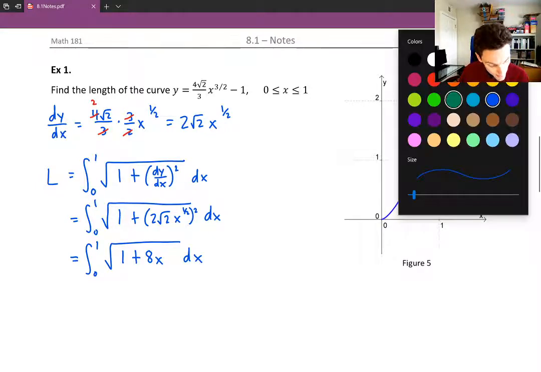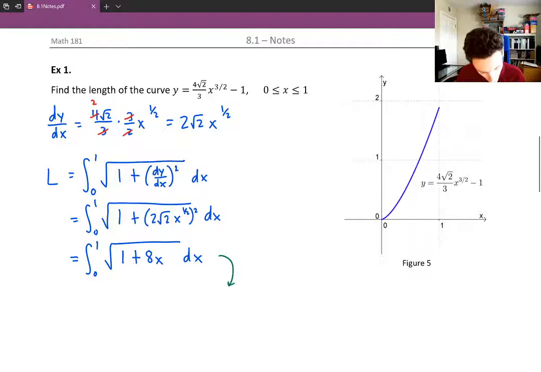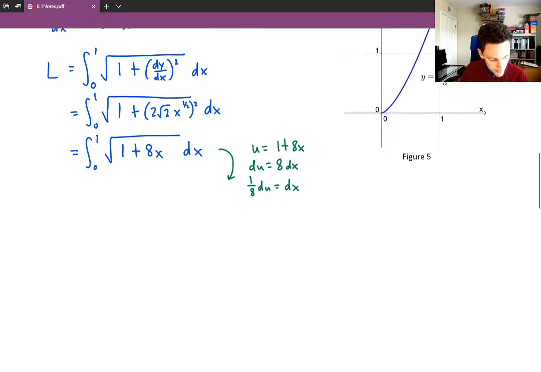Here we can use a substitution. Let u equal 1 plus 8x. So our du equals 8 dx, so dx is 1 over 8 du. Now we have limits of integration.